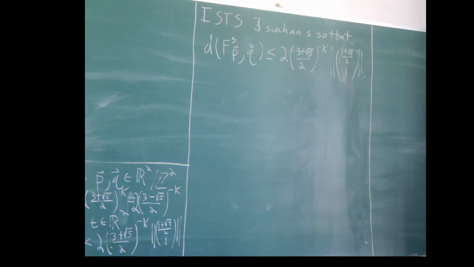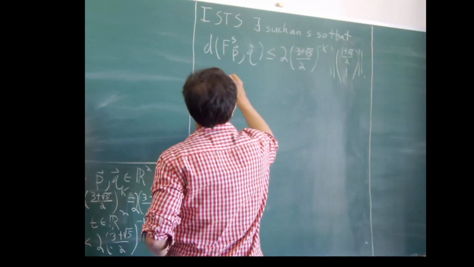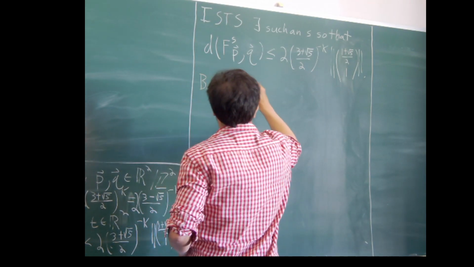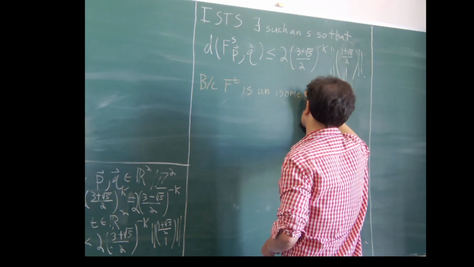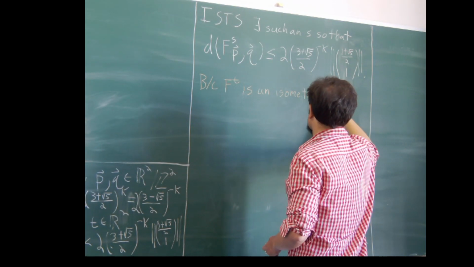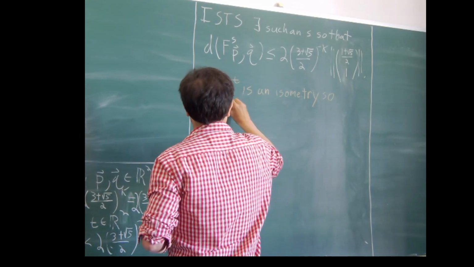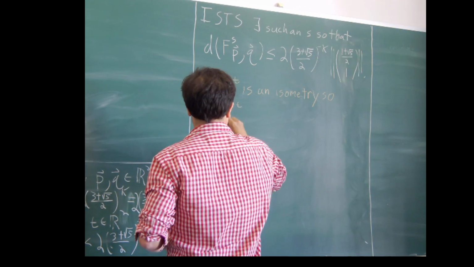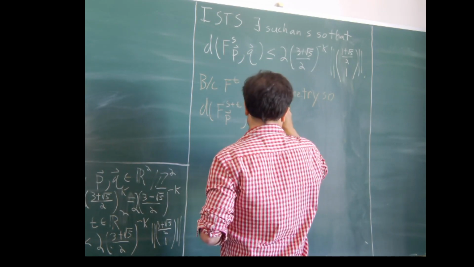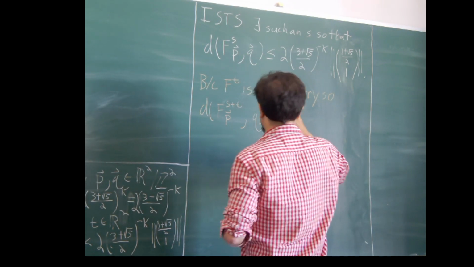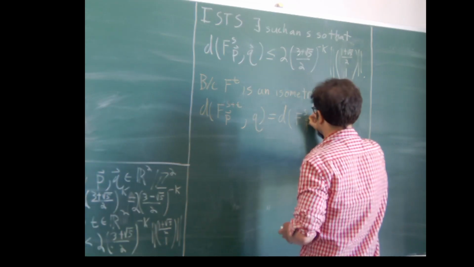And what's the reason for this? This is because f to the t is an isometry. So the distance from f to the s plus t of p, comma q, is on the nose equal to the distance of f to the s of p.